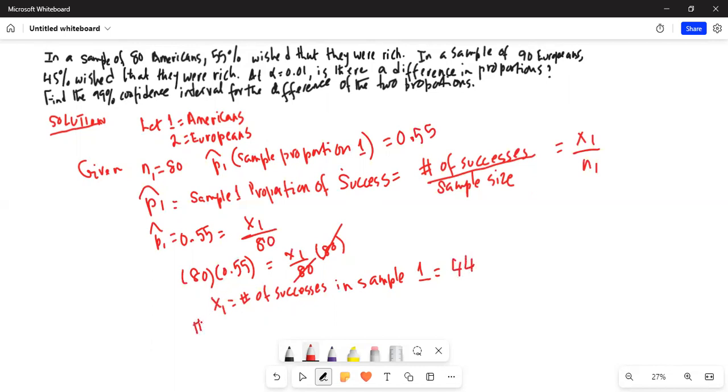So number of failures in sample 1 is total sample size minus number of successes, sorry, I'm totally wrong, it is sample size minus number of successes.